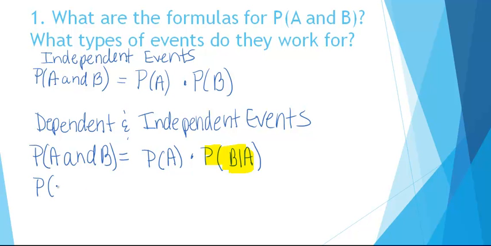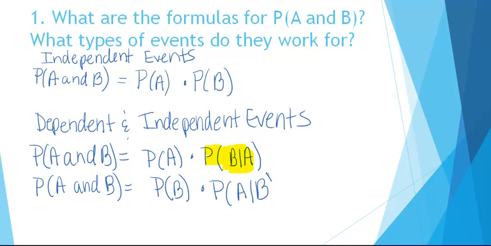And then the other conditional one would be the probability of A and B equals the probability of B times the probability of A given B. Same idea here.